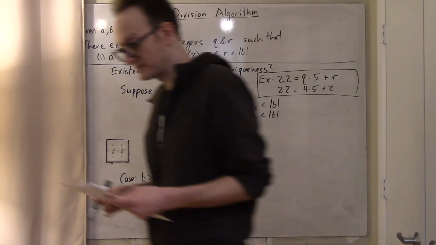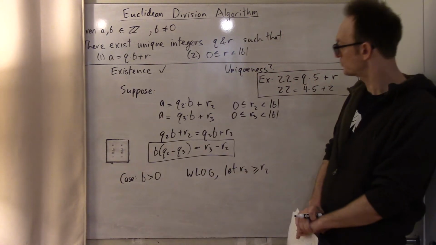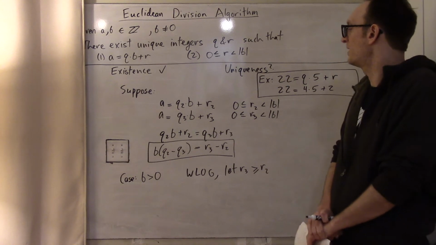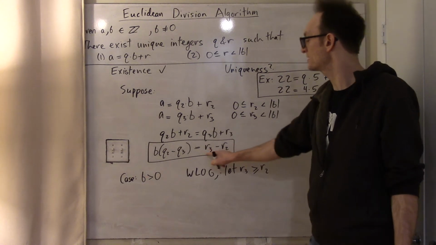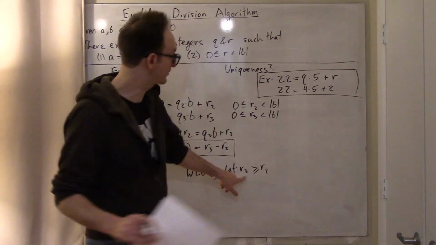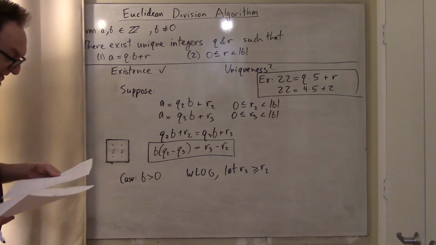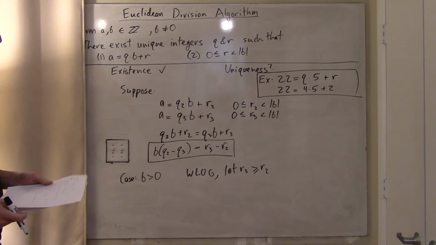In fact, I should say greater than or equal to, because I'm not actually assuming that they're different. If you have these two remainders, one of them has to be bigger, or they have to be the same. So either R3 is greater than or equal to R2, or R2 is greater than or equal to R3. Okay, finally, now we can begin.